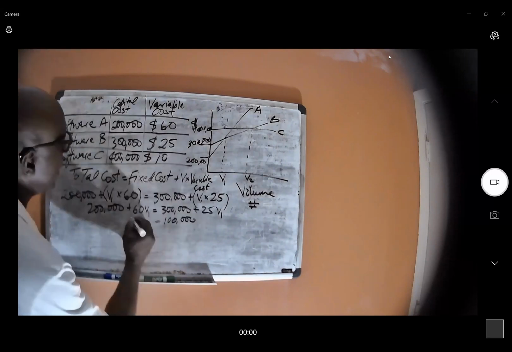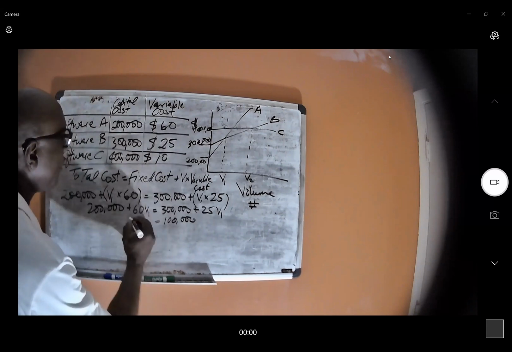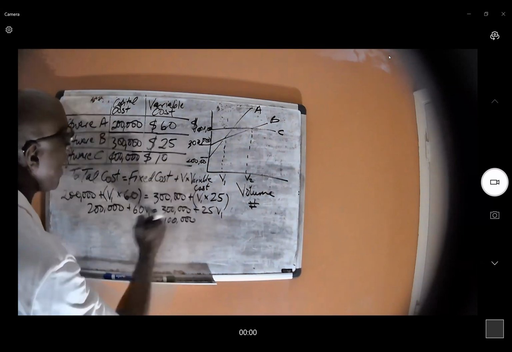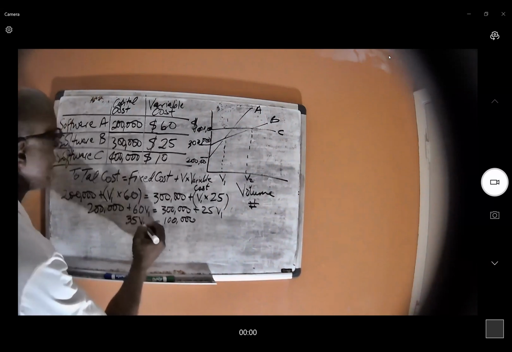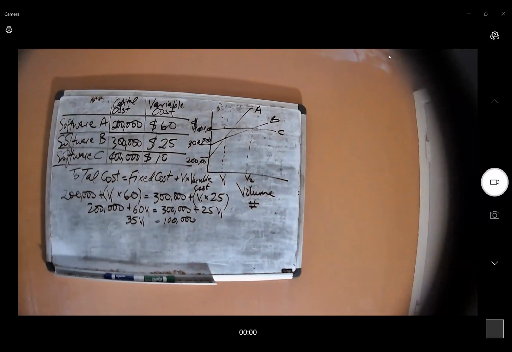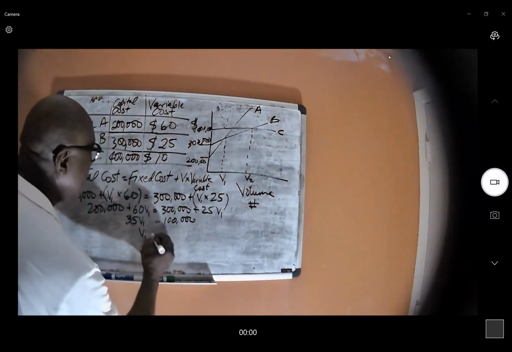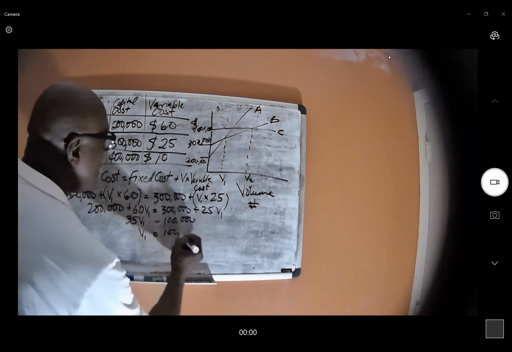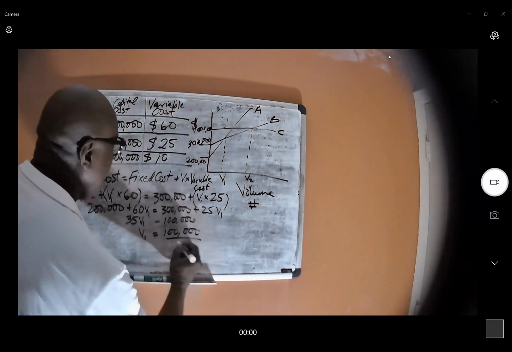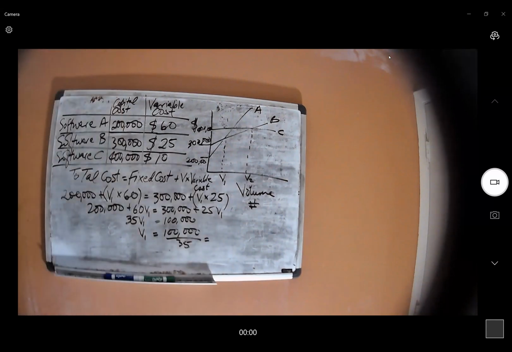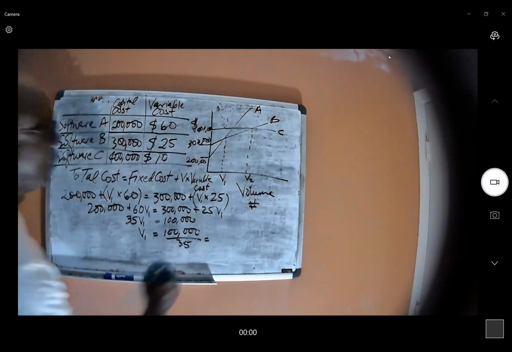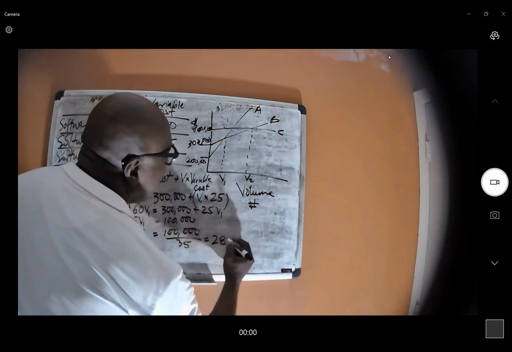25 minus 60 is what? 35? Right. So then your V1 is going to be 100,000 divided by 35, which is $2,857.57.